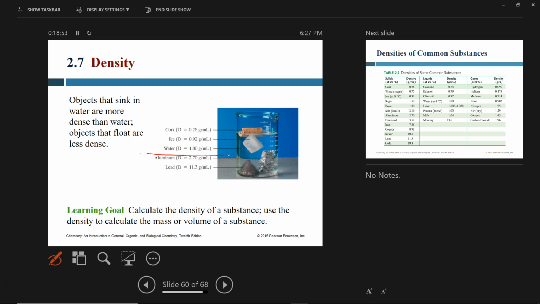I wouldn't take my words to the bank, but let's go with 5.6. And you throw it in the water, which has a density of 1. What's going to happen to that iron rod? Now, if you have a pool of mercury with a density of 13.6, and you throw an iron rod in the pool of mercury, what's going to happen to it? It's going to float. That makes sense?